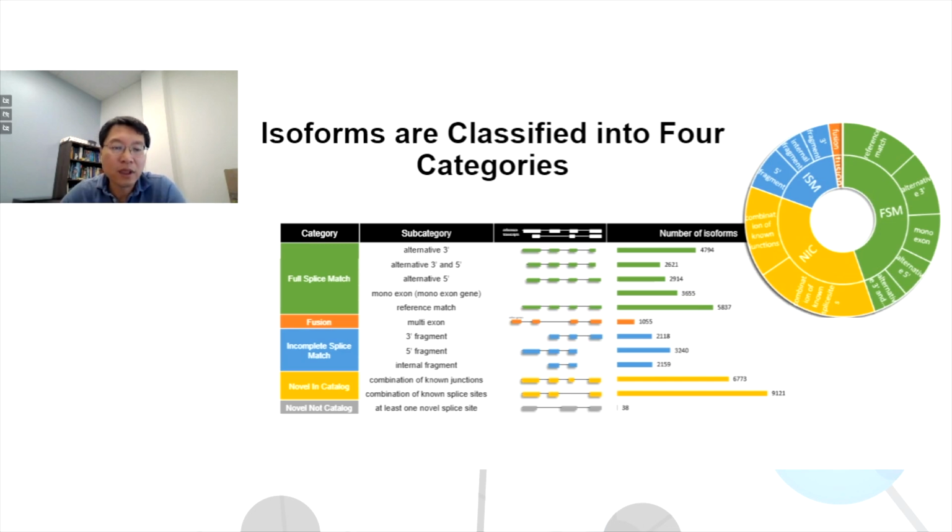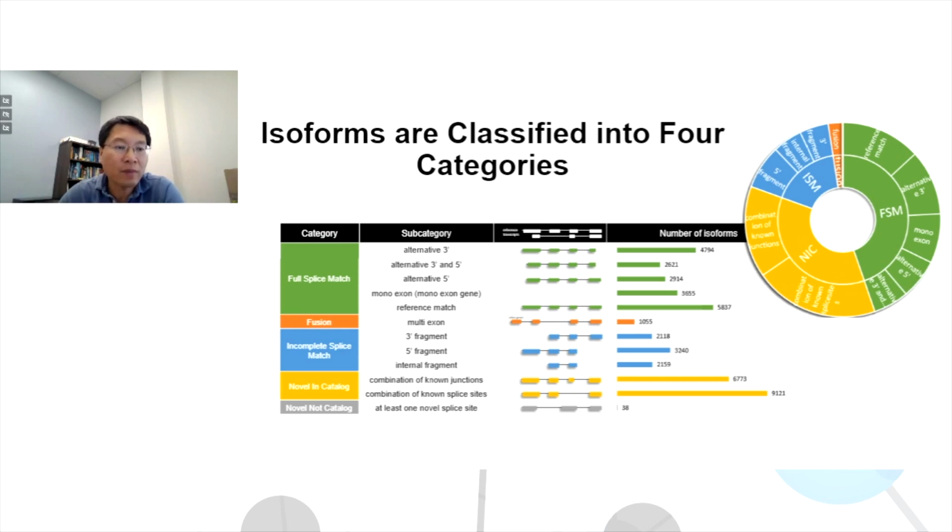So this is just to give you the nomenclature going forward. Based on the annotation and how the isoforms or transcripts are mapped to the annotated ones, they are classified into four categories. One is the full splice match, called FSM, meaning they match perfectly with the annotated transcript.